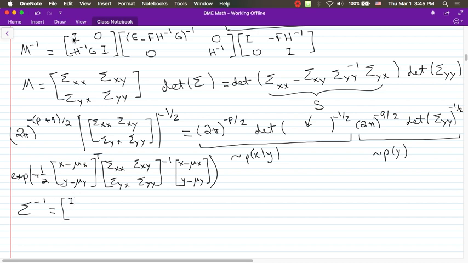I'm just going to copy these and replace E, F, G, and H with this. Instead of E, I'm going to have sigma xx. Instead of F, I'm going to have this. Instead of G, I'm going to have this. And instead of H, I'm going to have this. I'm just going to rewrite this equation so that I get the inverse of the variance-covariance matrix. And here's what I'm going to get.